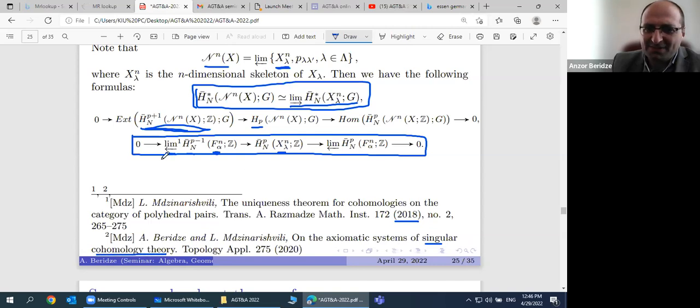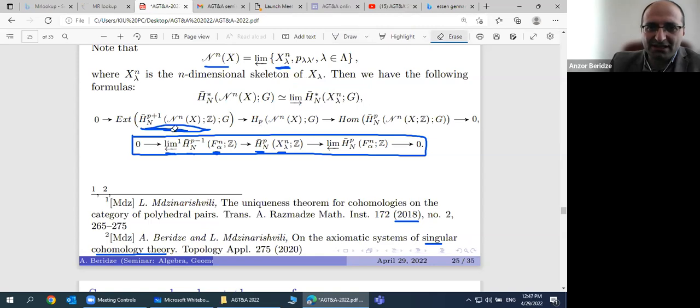This is similar to compact support for singular homology theory, but this is very essential. This is like a Milnor short exact sequence, but not for homology, for cohomology. And so these three formulas are absolutely enough to prove the uniqueness theorem.